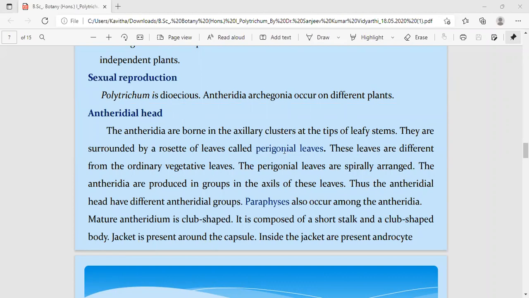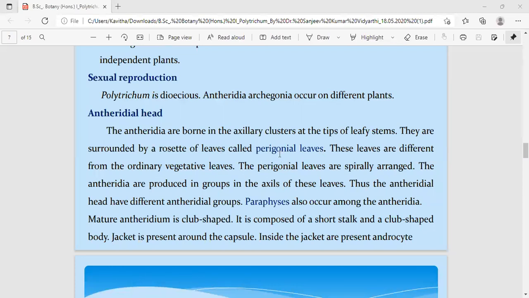The leaves are arranged in a cluster, and they are in the form of a rosette pattern, like the petals of a rose, spirally arranged. In the same way, these perigonial leaves are also arranged in the rosette manner.